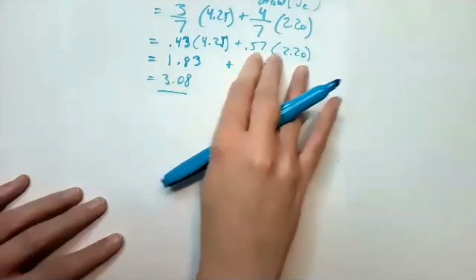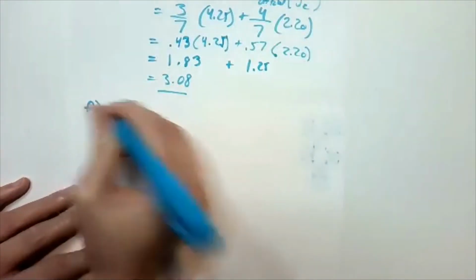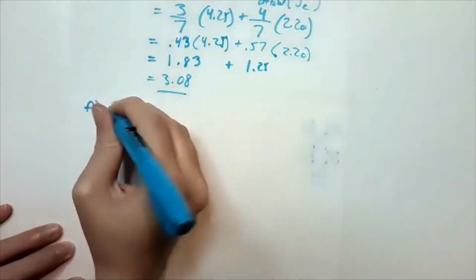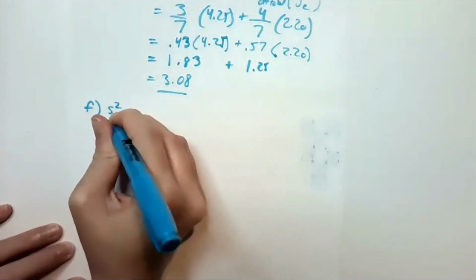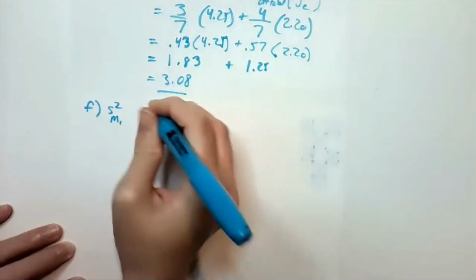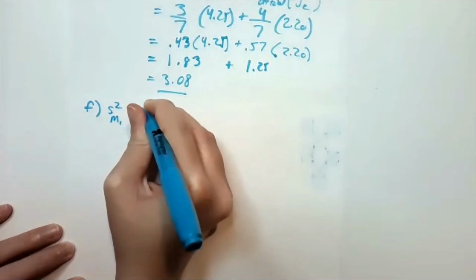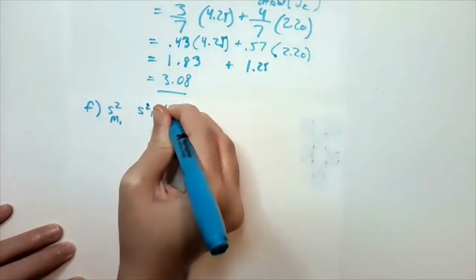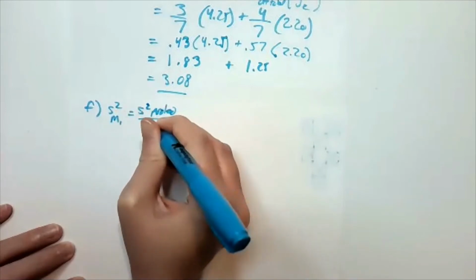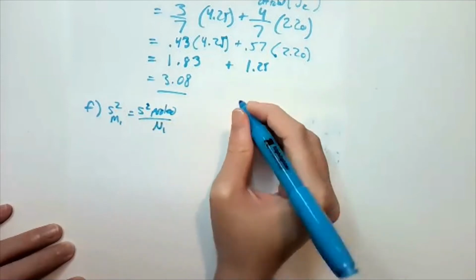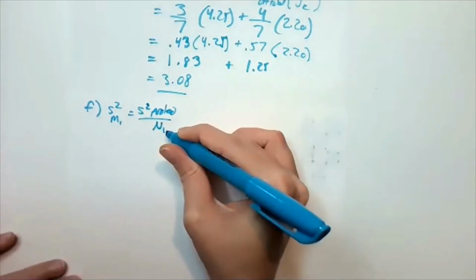Here we're moving on to step F. And our formula for this, again, we're going to do the same thing, 1 for each group. The reason we do this 1 for each group is because we're dividing by n.